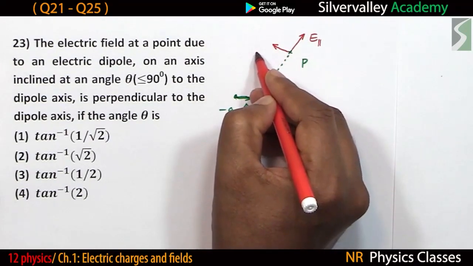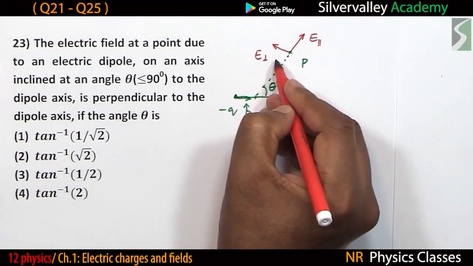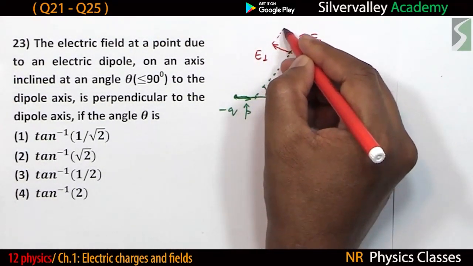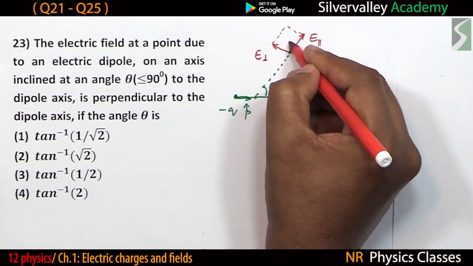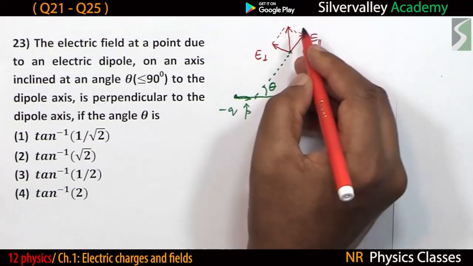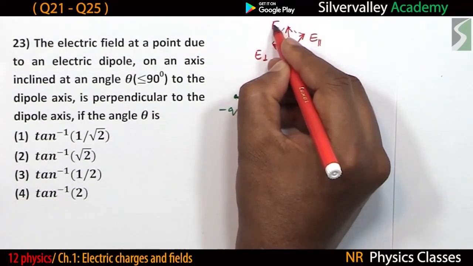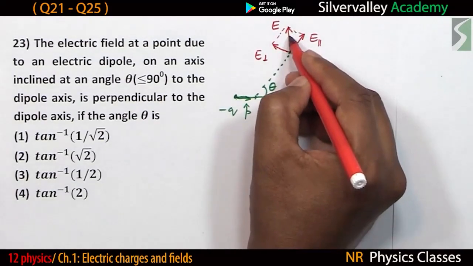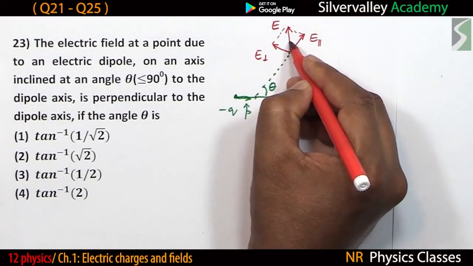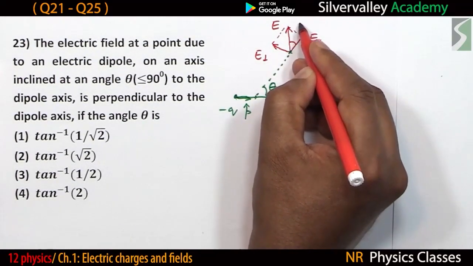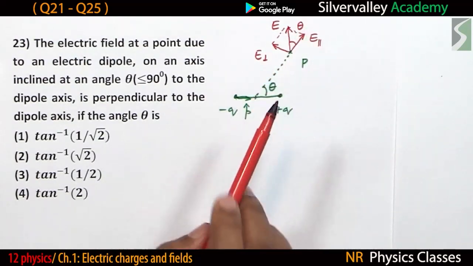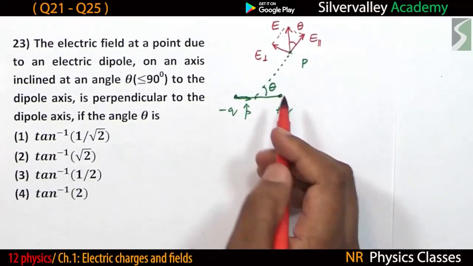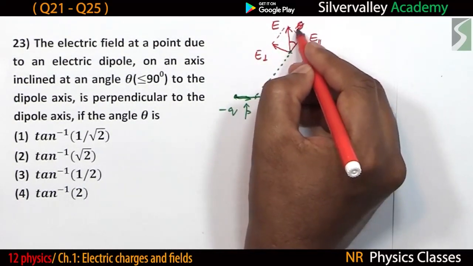So you can call this E perpendicular component. Resultant of these two: complete the parallelogram. Draw the diagonal. This is the resultant electric field due to these two charges. This resultant electric field makes an angle with respect to the position vector. This is the position vector. Theta is used, right? So let me denote it by phi.